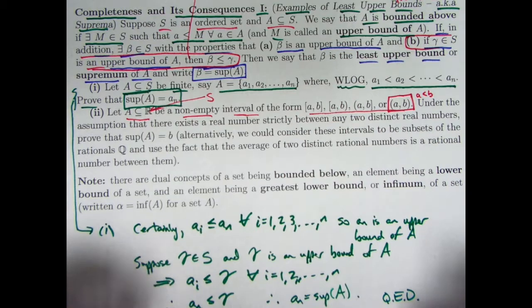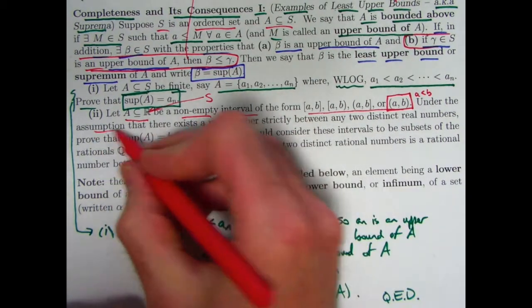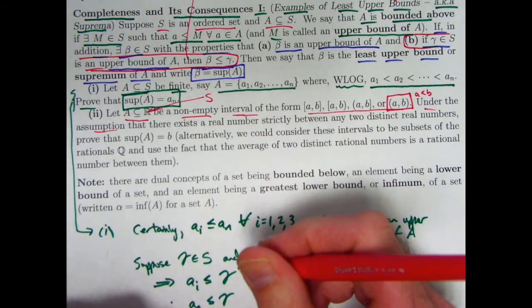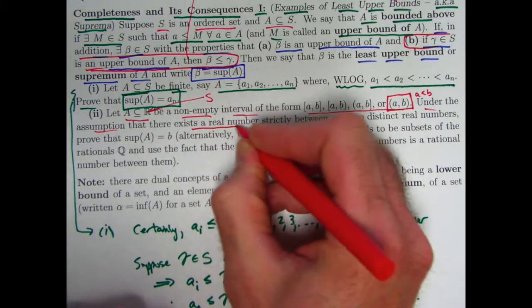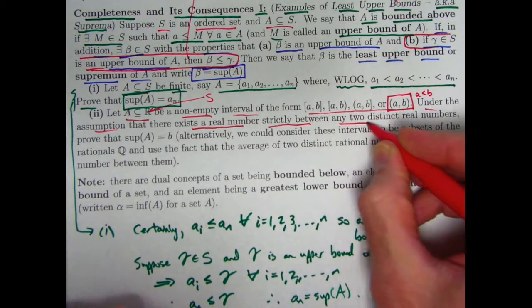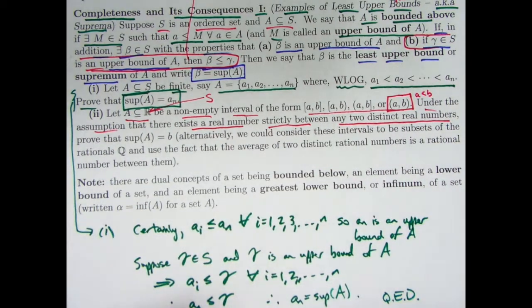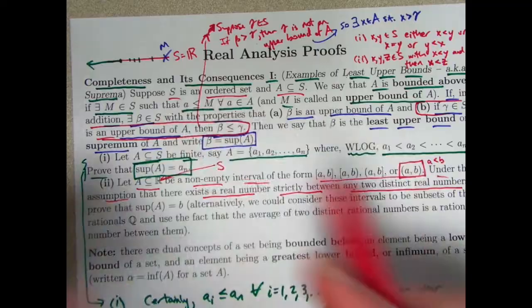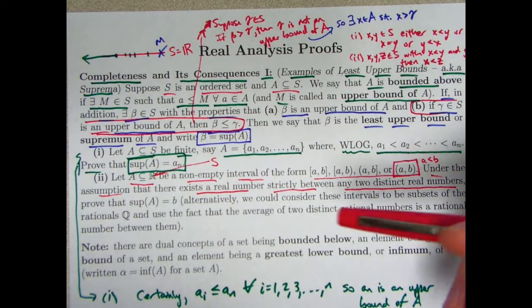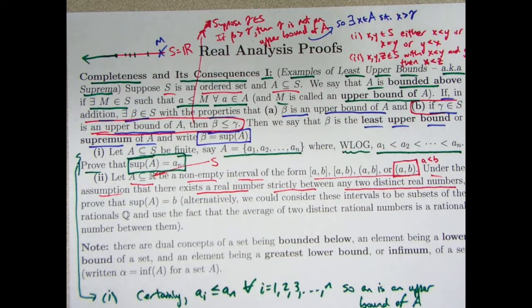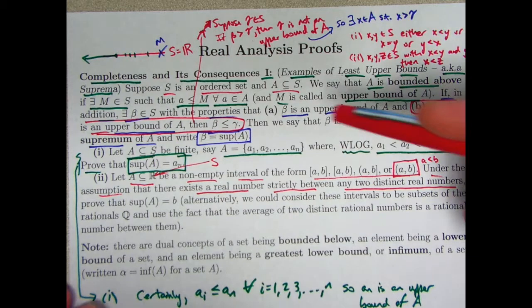I am going to cheat here, you might say. I'm going to use an assumption, under the assumption that there exists a real number strictly between any two distinct real numbers. Now, technically speaking, that assumption requires the completeness axiom, completeness property, I should say. Sometimes it's an axiom, sometimes it's a theorem, depending on your approach.